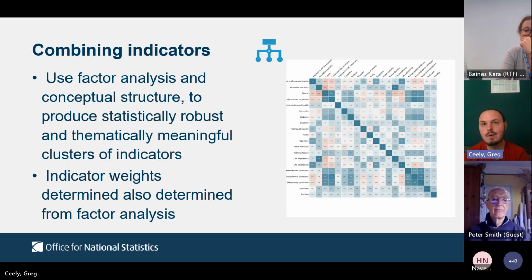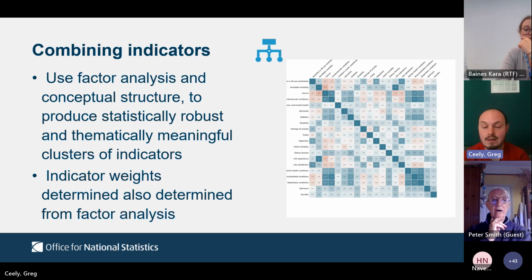But there are places where two indicators explain such similar variance in the overall data that including both doesn't add much power. And one particular example of this is educational attainment.